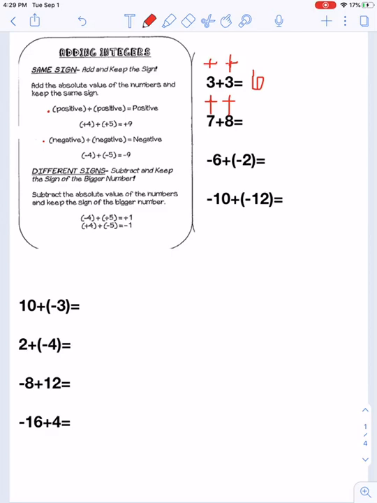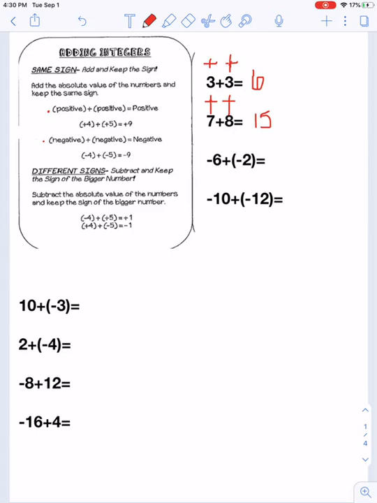Well, 7 plus 8 we know is 15. We could do 7 plus 8 in our head without even thinking of the integer rules. But when we apply the integer rules, we see we have a positive plus a positive, which will give us a positive answer.